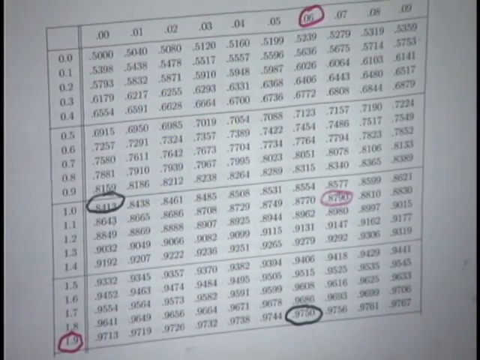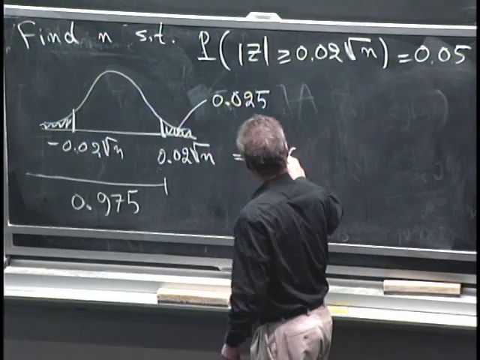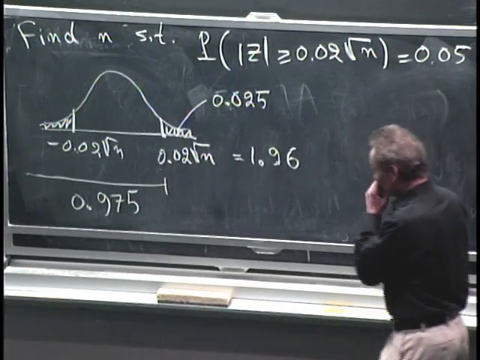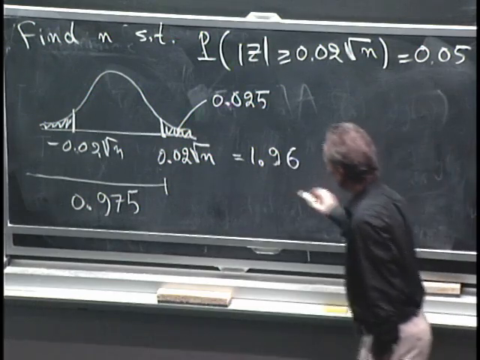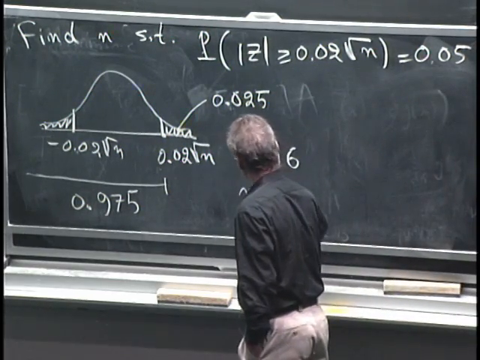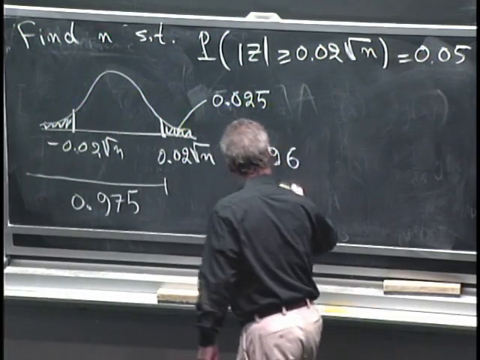So this tells us that this number should be equal to 1.96. And now from here you do the calculations, and you find that n is 9604.